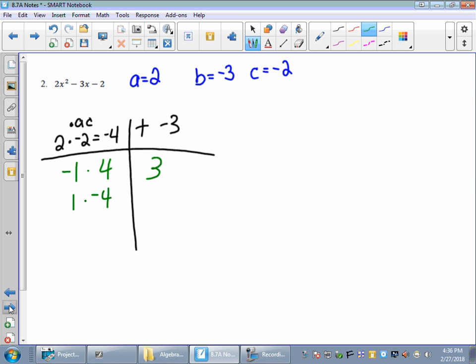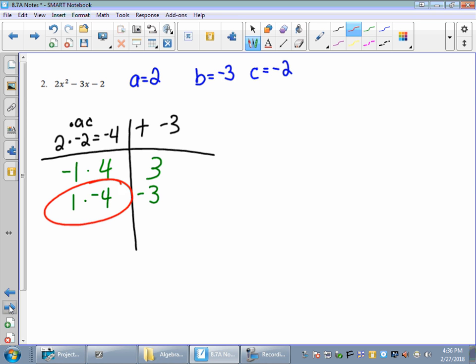Positive 1 times negative 4 still gives me negative 4. Then 1 plus our negative 4 gives me a negative 3. Since I got a negative 3, which is my B term, I know these are the two numbers I want.